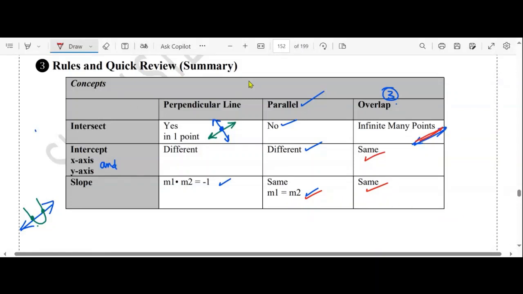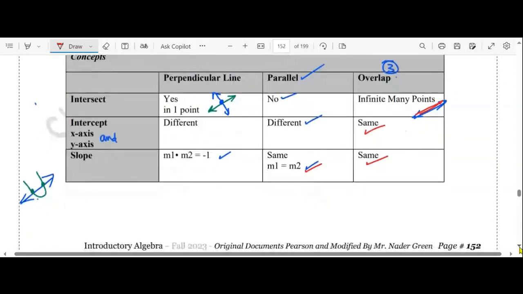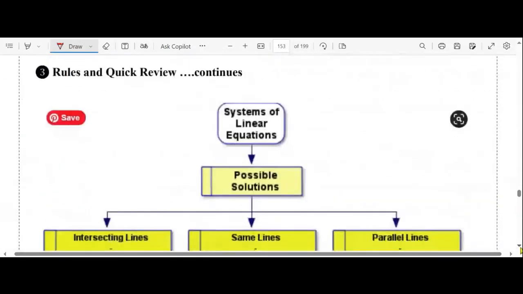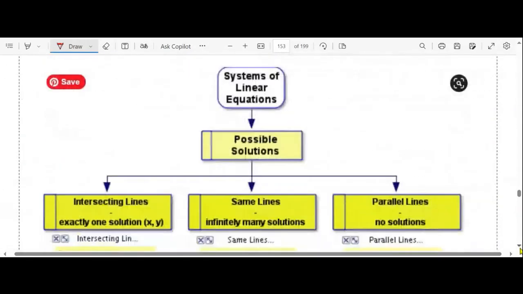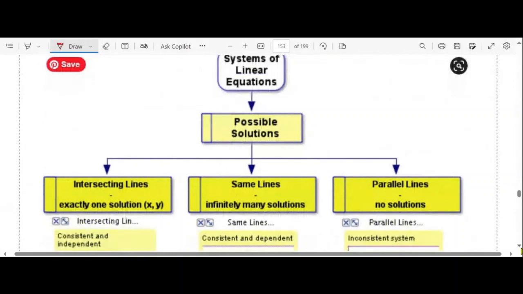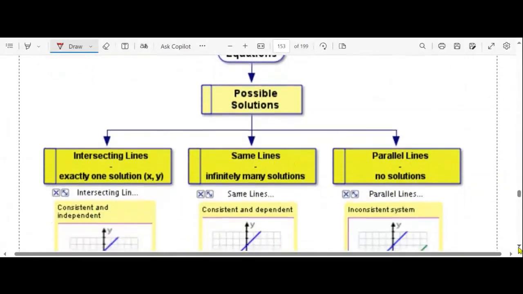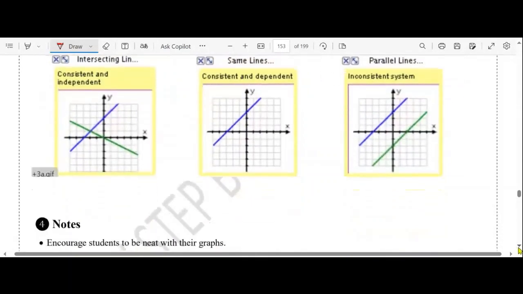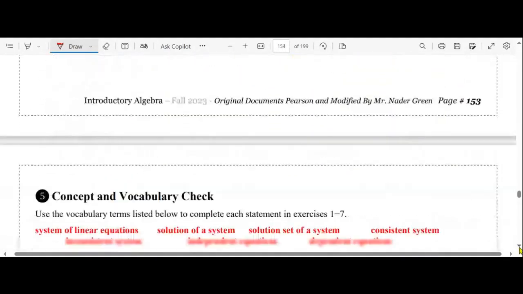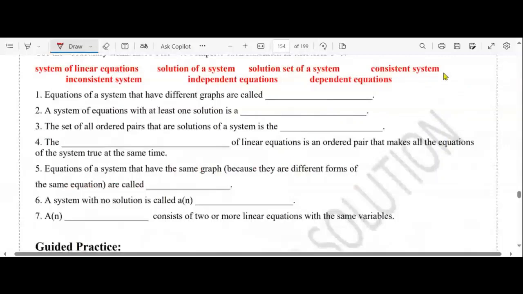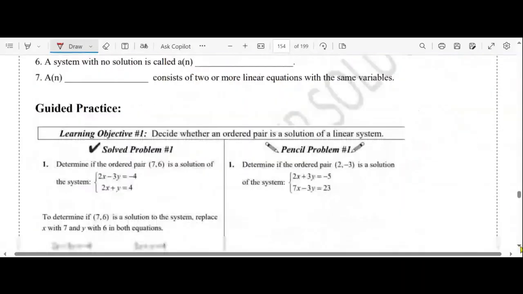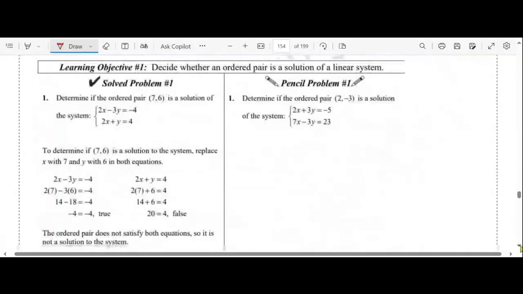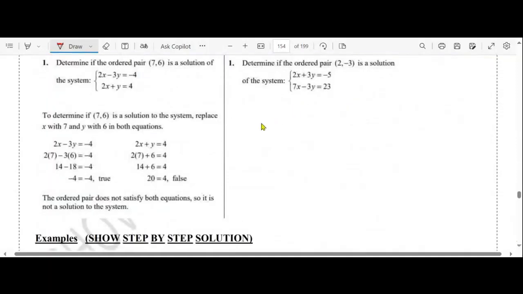This is like a summary, okay? This is the rule. As you can see here, the same thing that I put on the board. Now let's take this as classwork. You have to do this. Let's take the first exercise here. Please read, Muhammad.